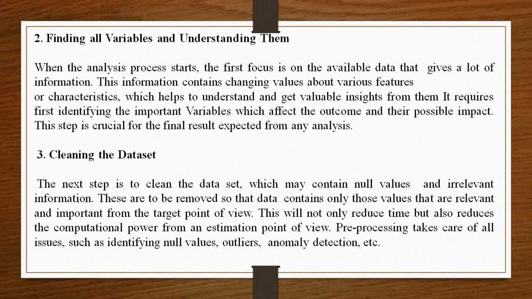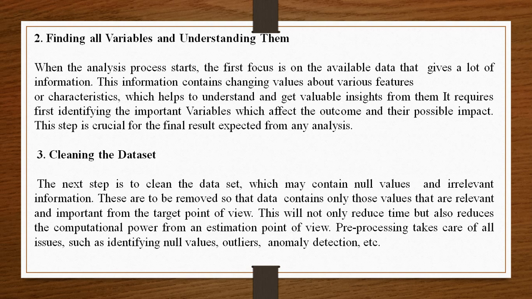The second is we are going to find out all the variables and understand them. The analysis is going to focus on the available data, which is going to give me a lot of information. The information containing changing values about various features and characteristics is going to help me understand and get valuable insights from them. And for this it requires identifying important variables.